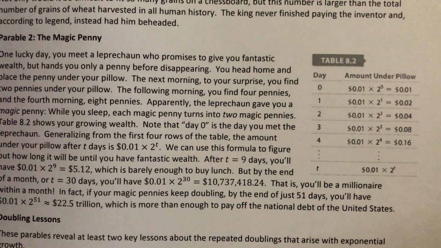If it keeps going, by the time you hit 51 days, you will have $22.5 trillion, which at the time this was written would pay off the national debt. Unfortunately, that is no longer the case. You would have to go to 52 days when you had $45 trillion before you could pay off the national debt.